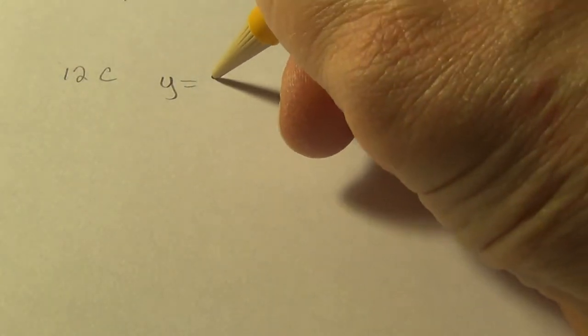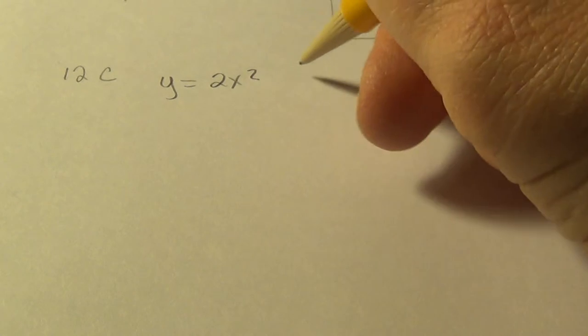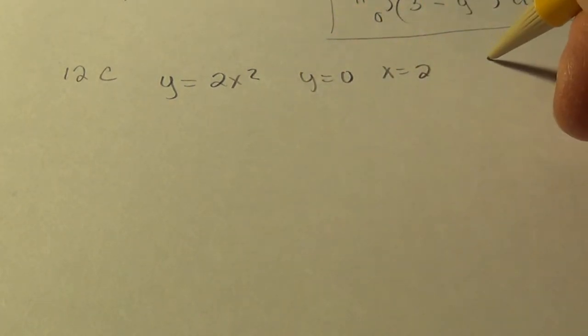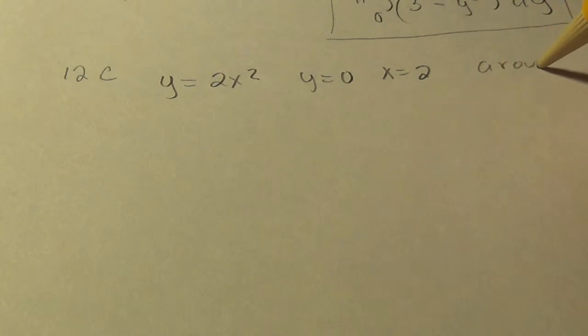Moving right along. 12C is going to be, let me find mine: y equals 2x squared, y equals 0, x equals 2, around y equals 8.